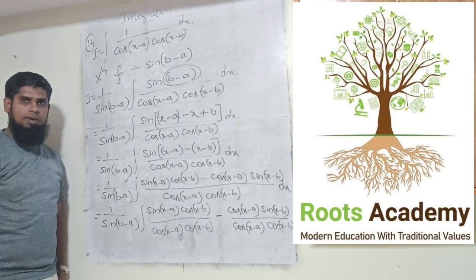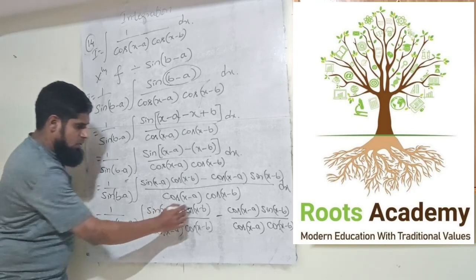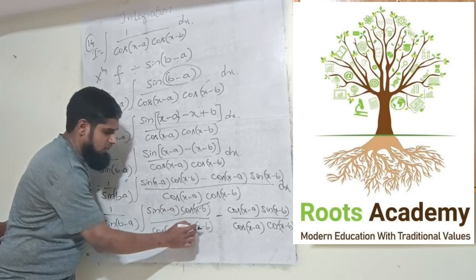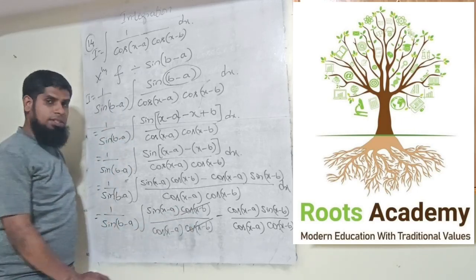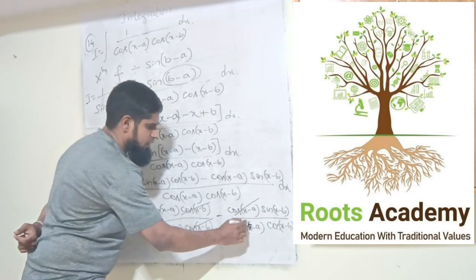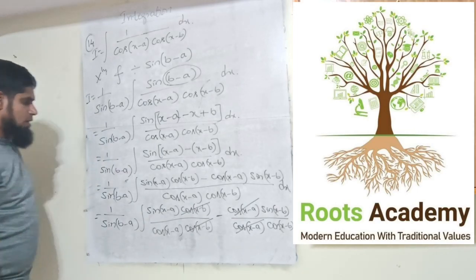Now let us try to cancel wherever there is a possibility. In the first integral, cos x minus b in the numerator gets cancelled with cos x minus b in the denominator. In the second term, cos x minus a in the numerator and cos x minus a in the denominator gets cancelled.